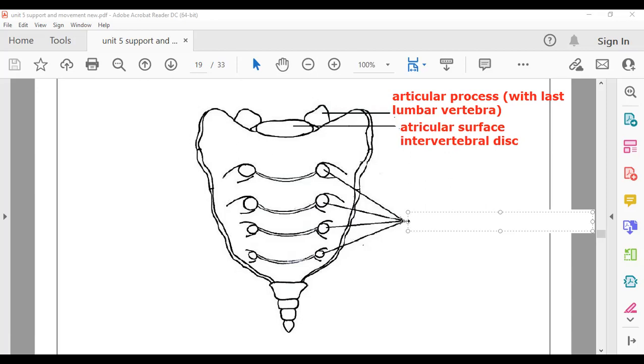What are those holes? Foramina for passage. Foramina for passage of whom? Only passage is given, sir. Foramina for passage of spinal nerves, right? Spinal nerves. I think. Wait a minute.